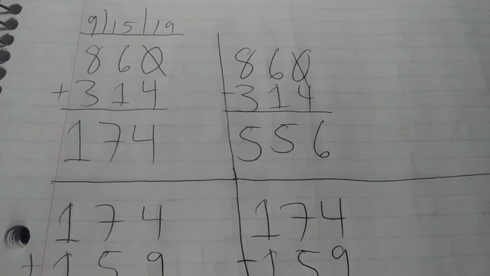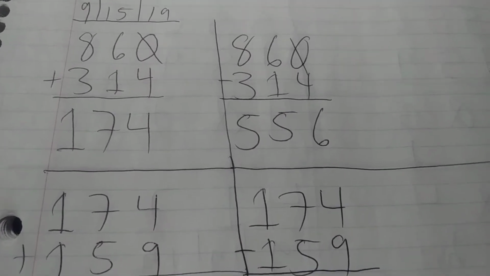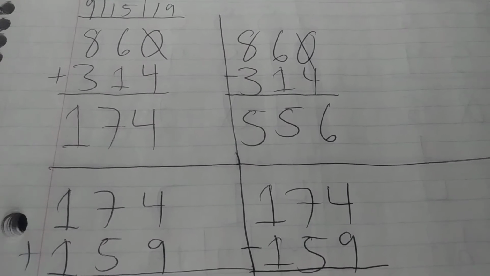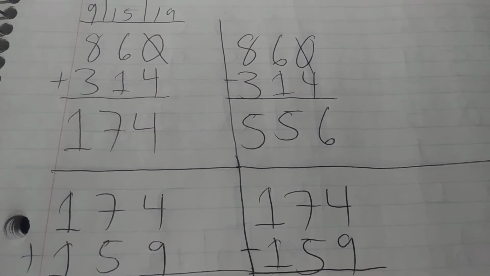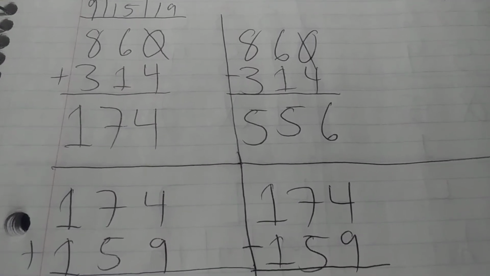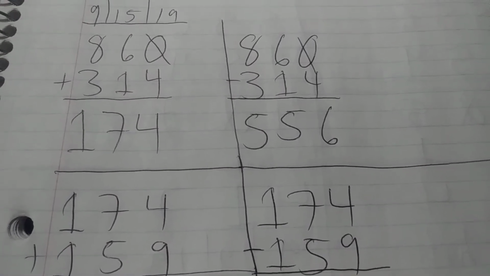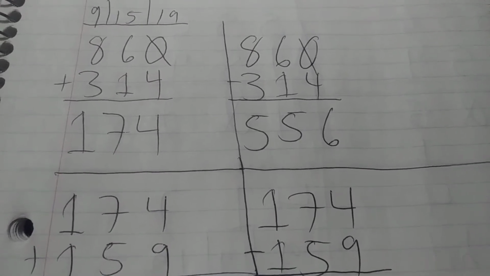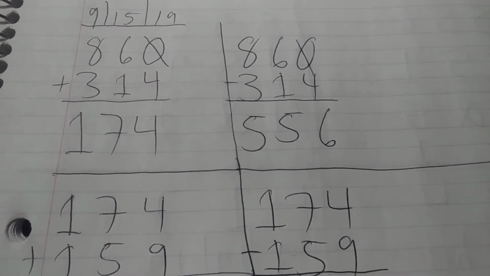On September 15th, you had 860 hit. You're adding and subtracting off 314 to that 860. 8 plus 3 is 1. 6 plus 1 is 7. 0 plus 4 is 4.